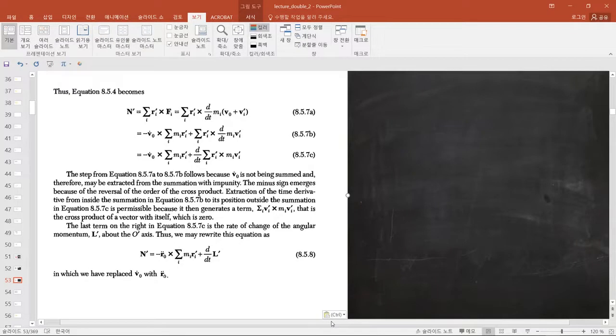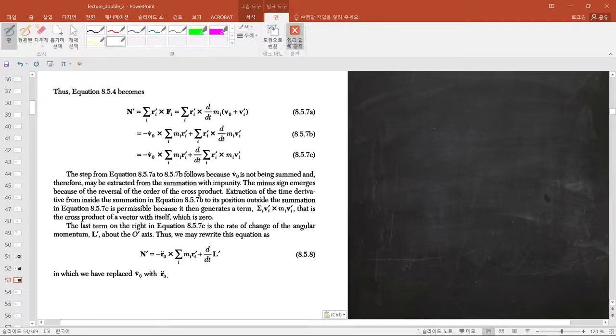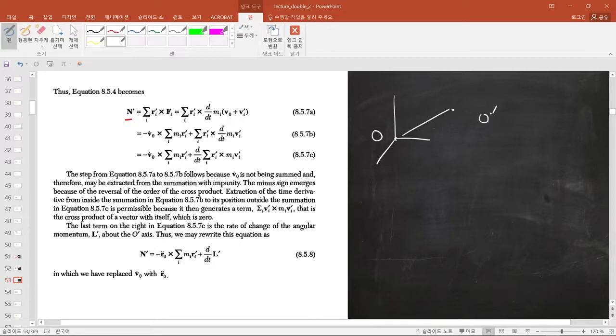So what you do is you first calculate the torque with respect to N. Okay, so let me just remind you what this was. This one was O, this one was O prime.